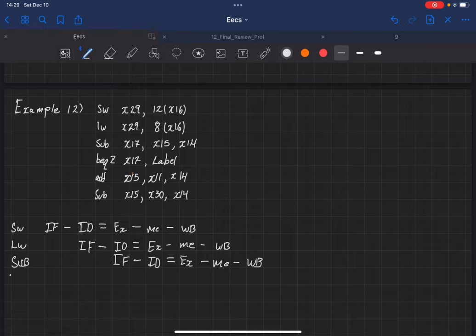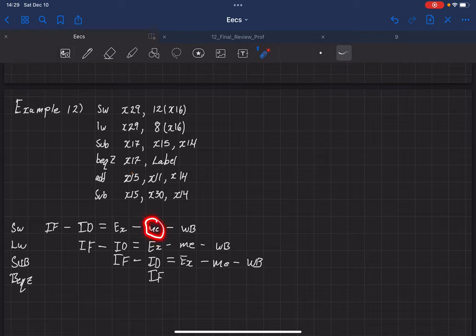Now, what's next? The branch equals. So instruction fetch is what would happen first. But again, with our instruction fetch, we're going all the way up. So notice here, we can't put the instruction fetch here.